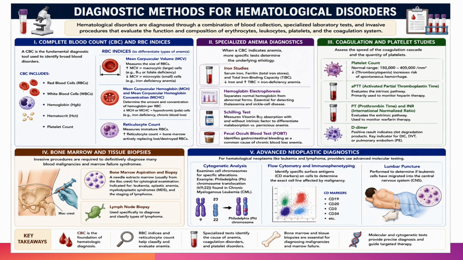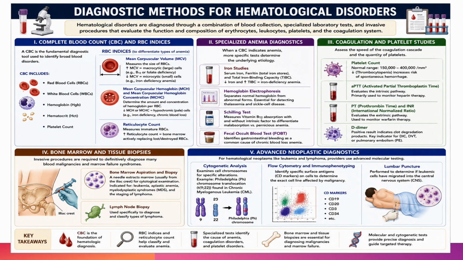Specialized anemia diagnostic tests include iron studies for iron deficiency, hemoglobin electrophoresis for sickle cell disease and thalassemia, Schilling's test for pernicious anemia, and FOBT, fecal occult blood test, to identify any GI bleeding, to see if there's any blood in the feces. Coagulation studies assess clotting function and include platelet counts, PT-INR, APTT, and D-dimer testing.